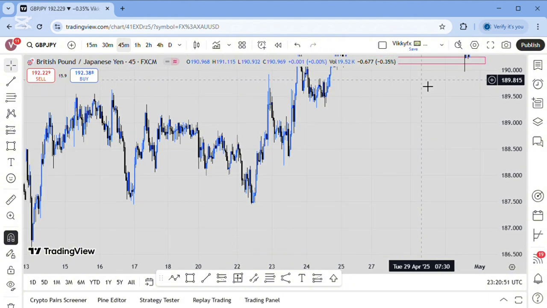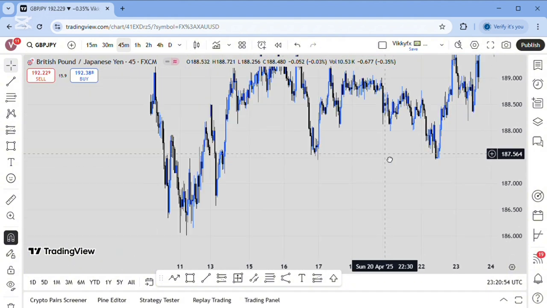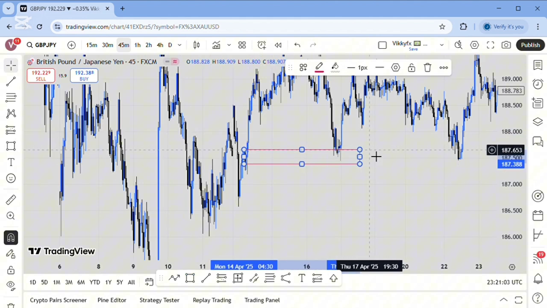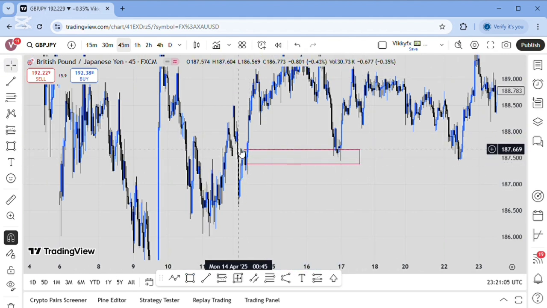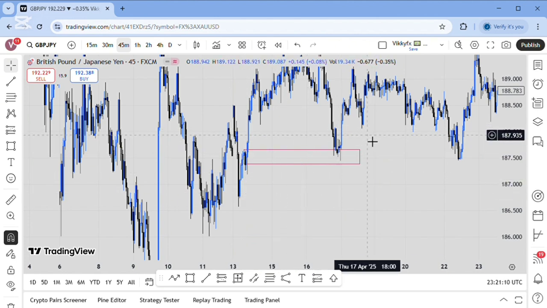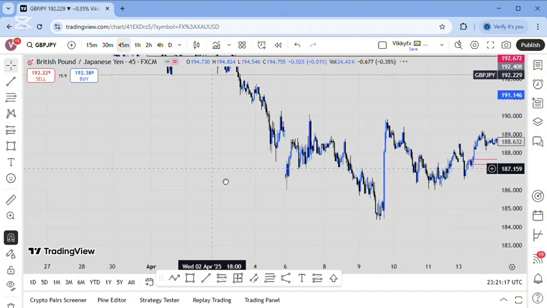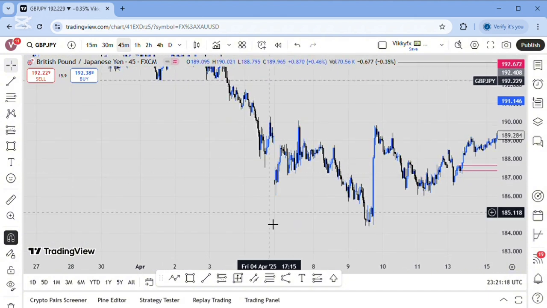But if you come to your charts, you'll find out some reasons why some were not respected. After the break of structure, this was a demand zone which market respected very well. After the break of structure to the upside, this was a demand level market reacted to, then went up. Let me just show you guys an example. This was a break of structure.